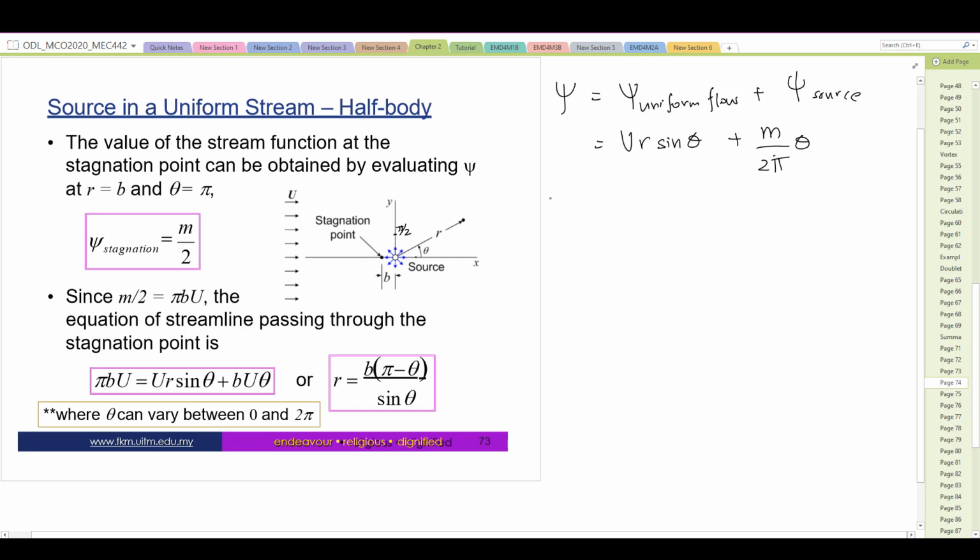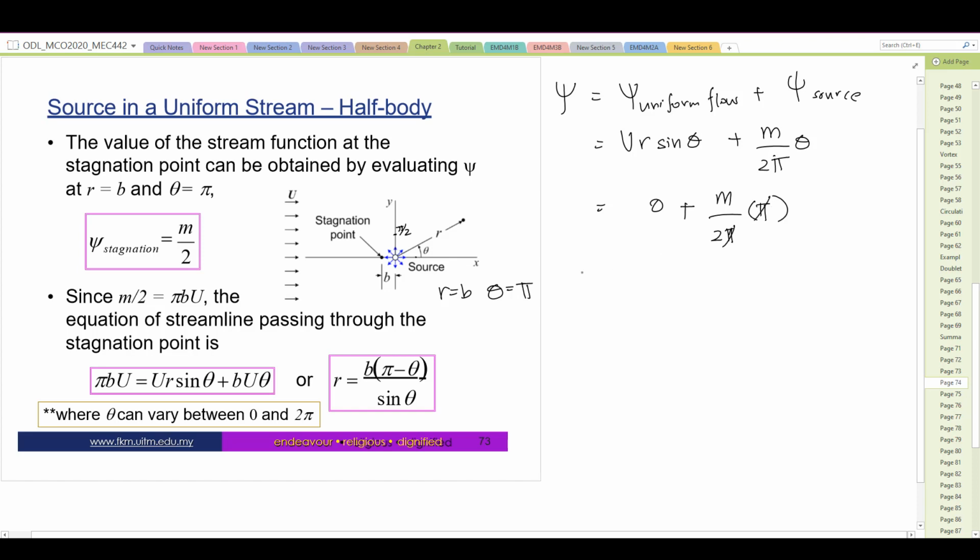At this stagnation point, r equals b and theta equals pi. So U r sine theta, with sine pi equal to 0, will be 0, plus m over 2 pi times theta equal to pi.